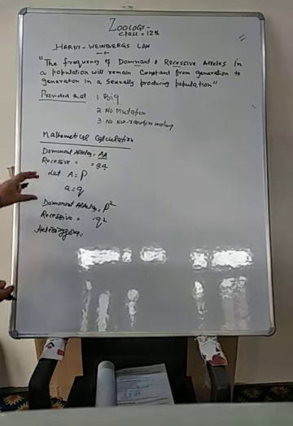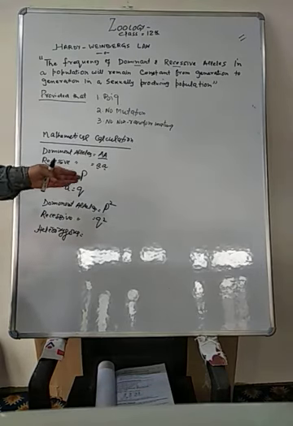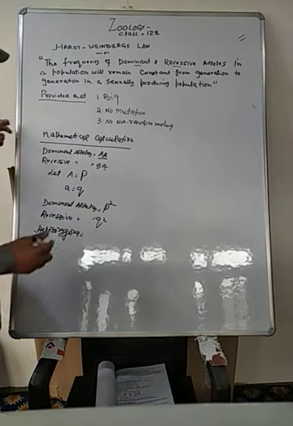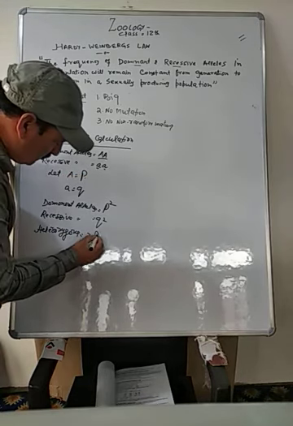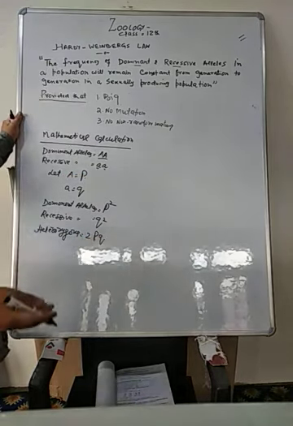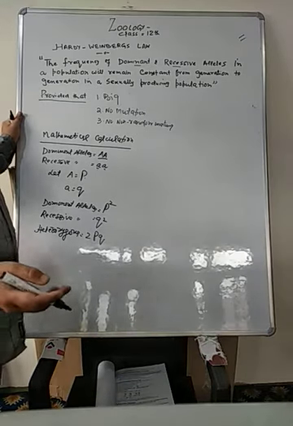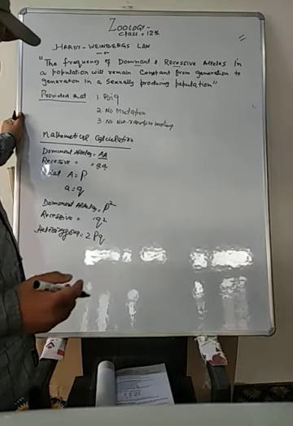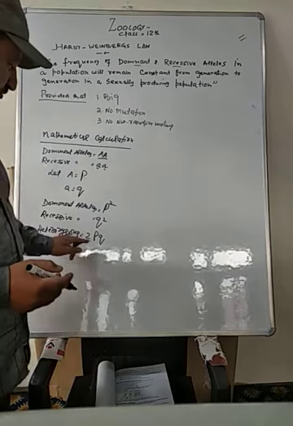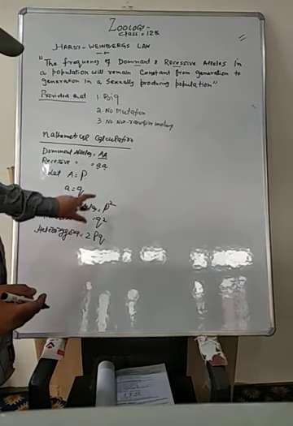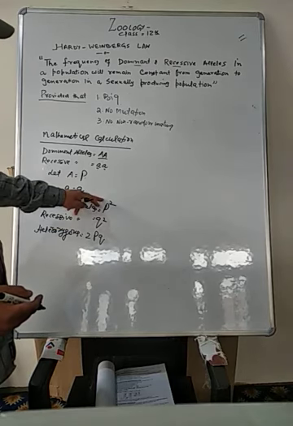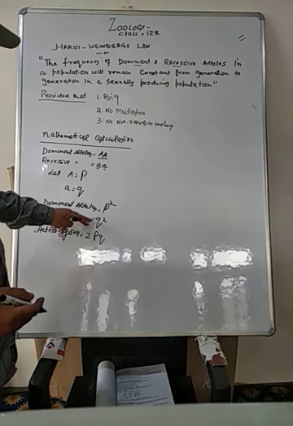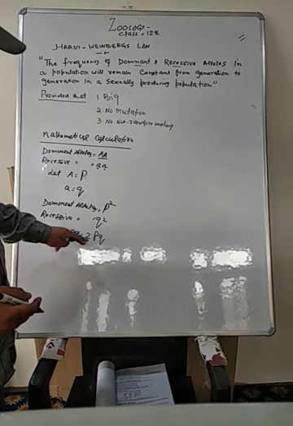Since heterozygous individuals have two alleles, one from dominant and one from recessive, with dominant being P and recessive being Q, that means 2PQ. These are the genotypes of a population: dominant is P square, recessive is Q square, and heterozygous is 2PQ.